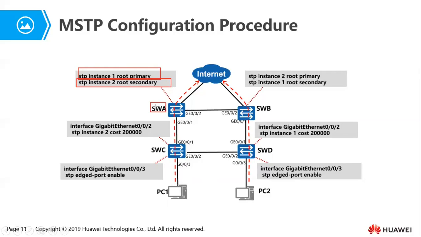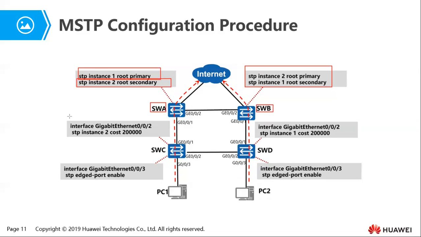So switch A is going to be the root bridge for MSTI 1. Then switch B is going to be the root bridge for MSTI 2 and the secondary root bridge for MSTI 1.